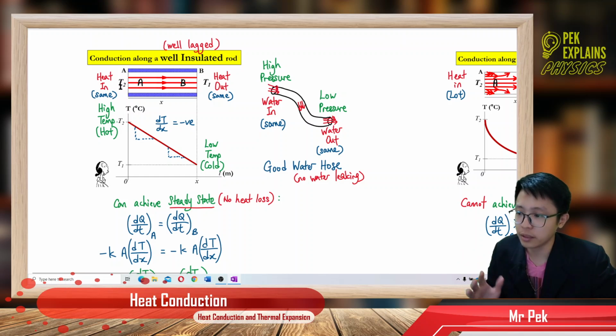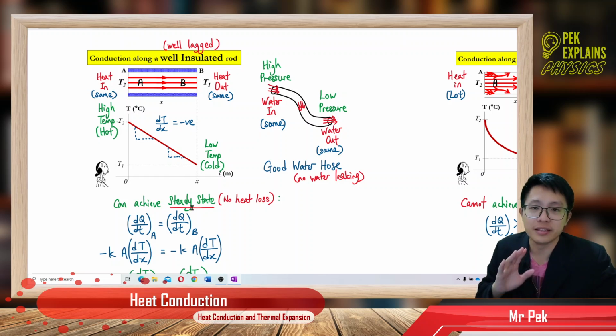All the heat that passes through A will also pass through B. That's why the rate of heat flow at A is the same as at B. When they are the same, we say this rod can achieve steady state. No heat is lost, for a well-insulated rod.